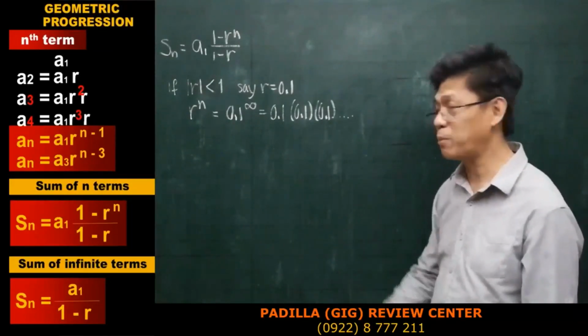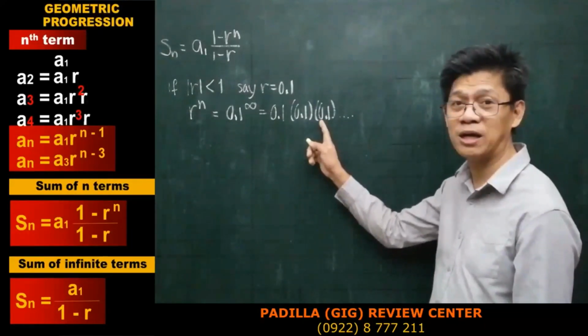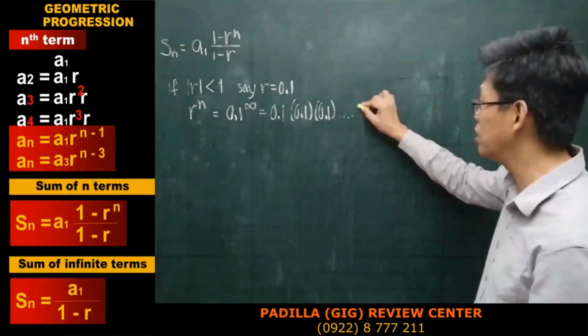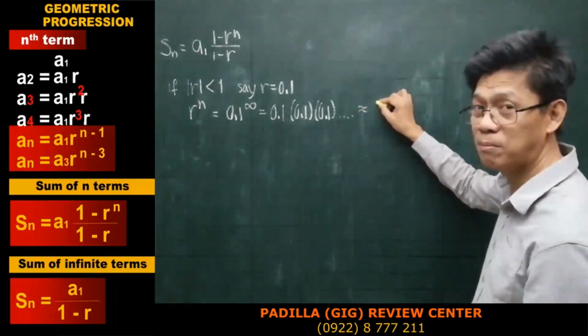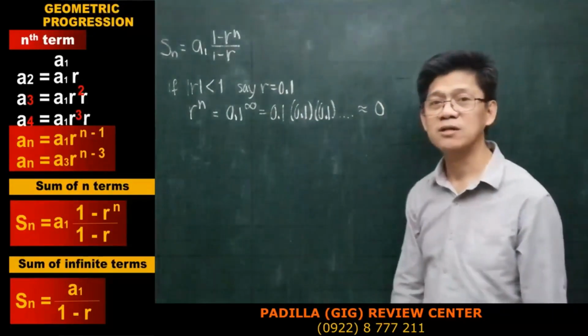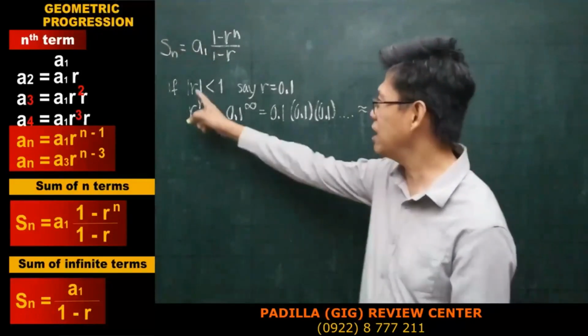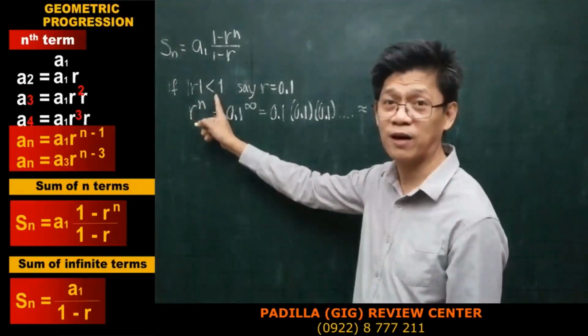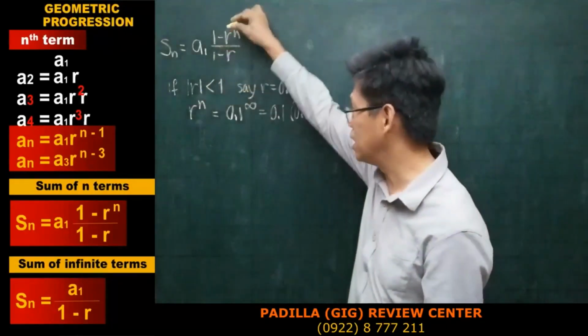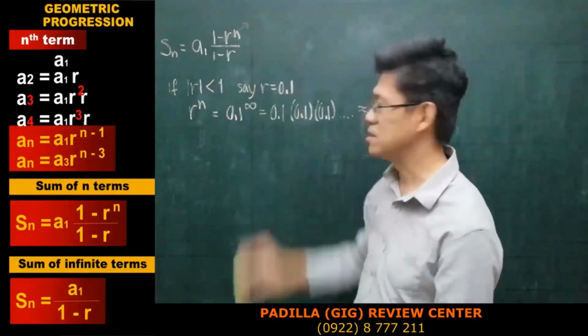So, if you will multiply it by 0.1, a number less than 1, infinite number of times, this will approach the value of very, very small. It will approach the value of 0. So, if the absolute value of R is less than 1, when you raise it to infinity, this will become 0.